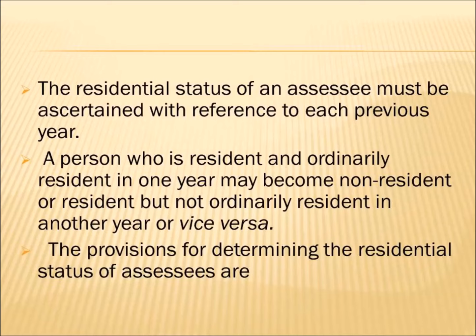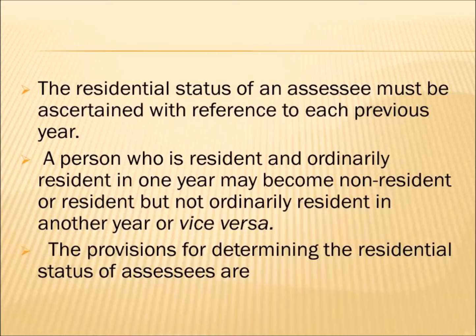So if in this year we have determined that an assessee is a resident and ordinarily resident, it does not mean that he will continue to be so for the coming previous years. This is not the case. We have to determine the residential status of the assessee for each year.